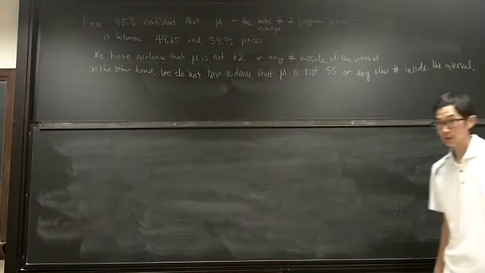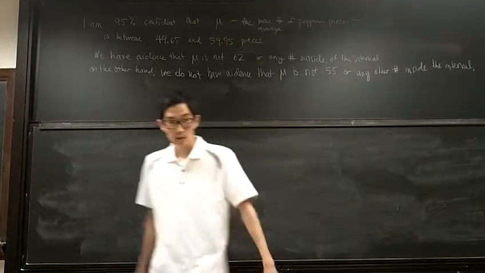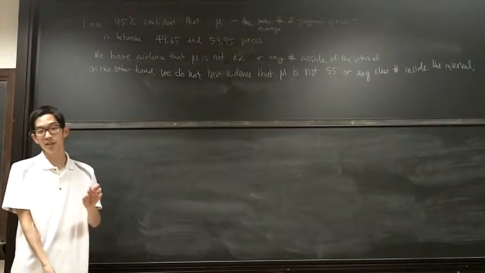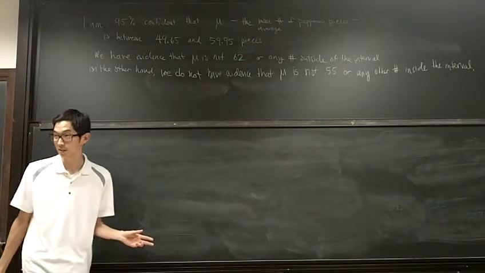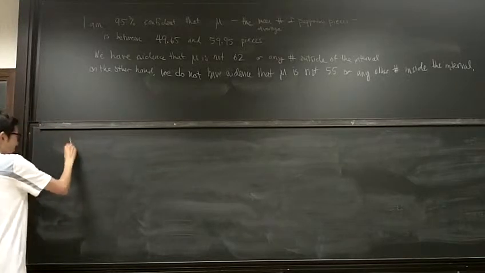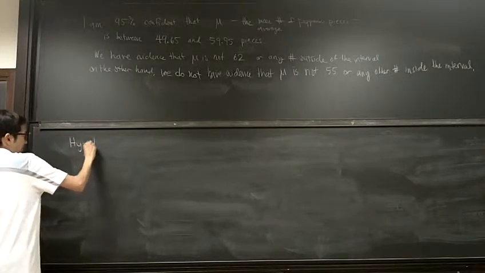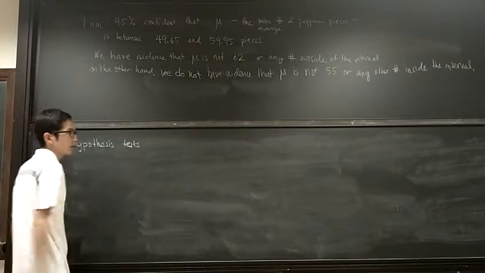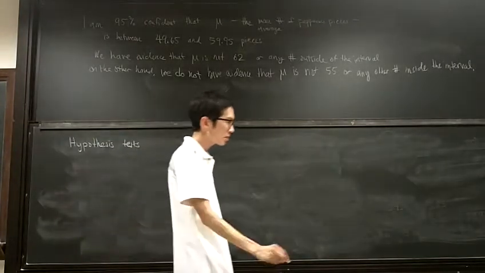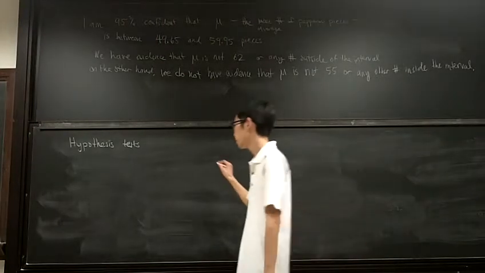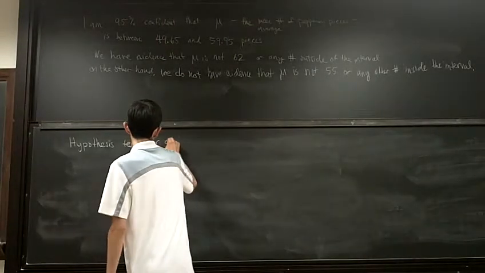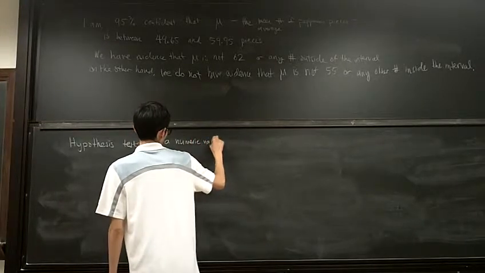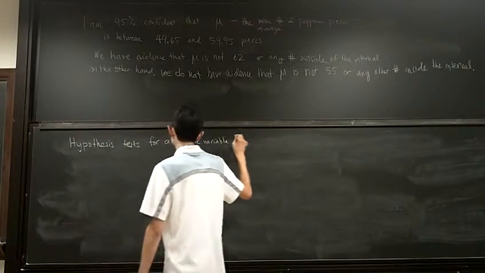And last chapter, what did we do? We didn't do confidence intervals, we made hypothesis tests, right? Okay, so this is a hypothesis test for a numeric variable, based on one sample.